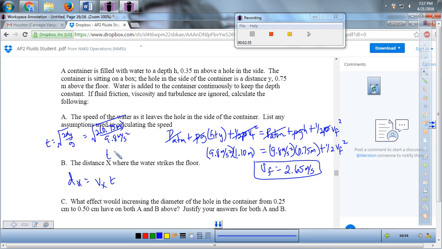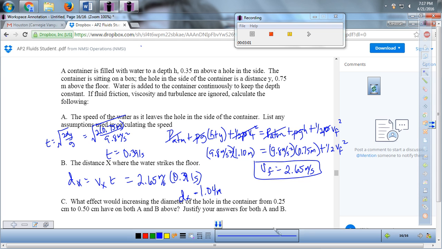So t is going to be 0.91, I think I got. Yeah, no, 0.391 seconds. So 2.65 times 0.391 gives me a dx of 1.04.